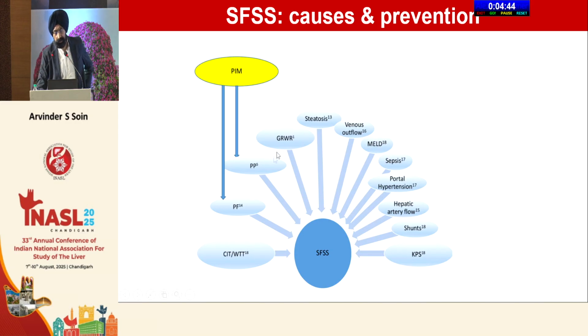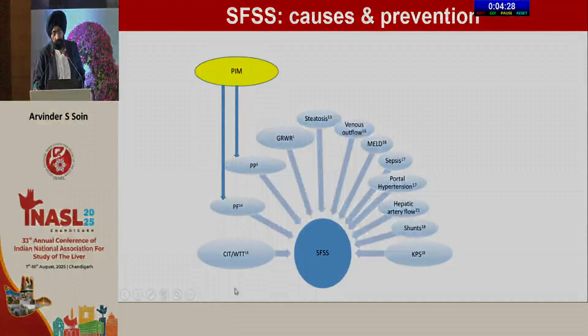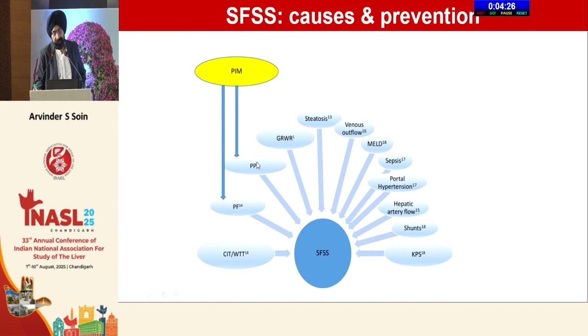It could happen with small GRWR or fatty liver or inadequate venous outflow, high MELD, sepsis, excessive portal hypertension, low arterial flow, then shunts, and excessive portal pressure, excessive portal flow. Now, these can be dealt with by something called portal inflow modulation.